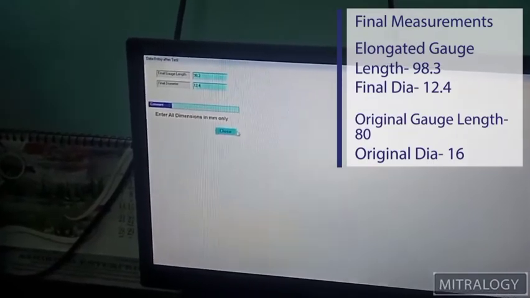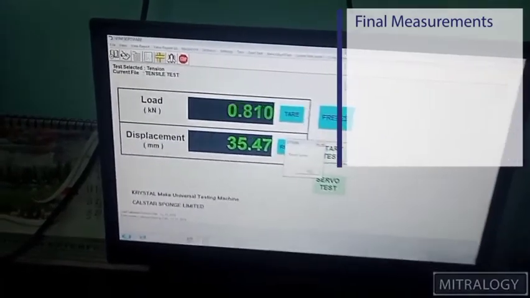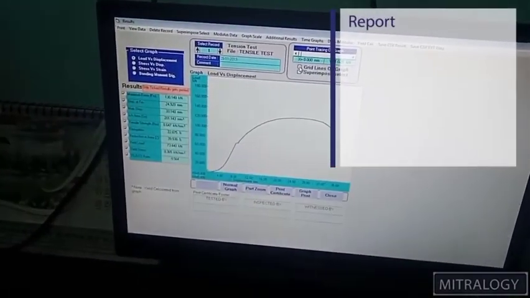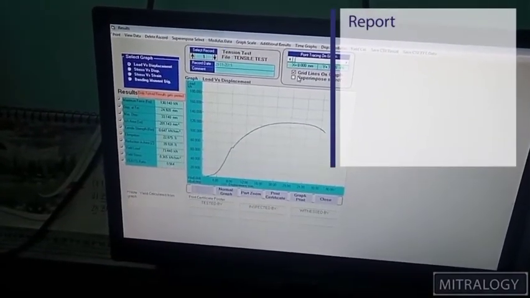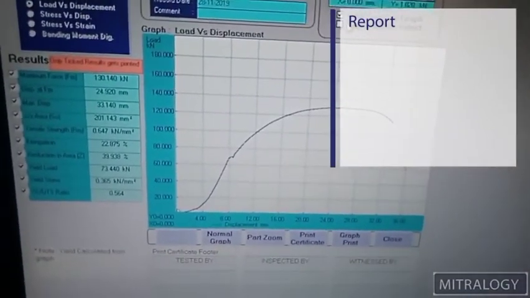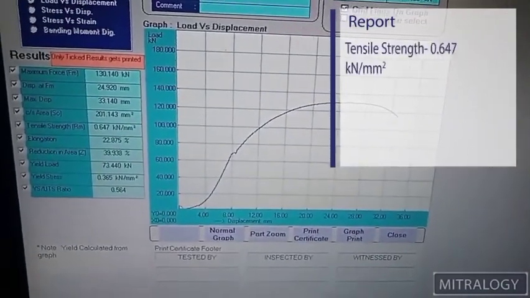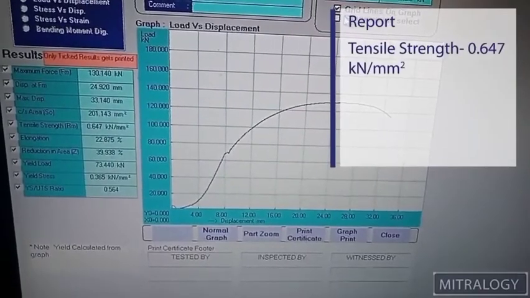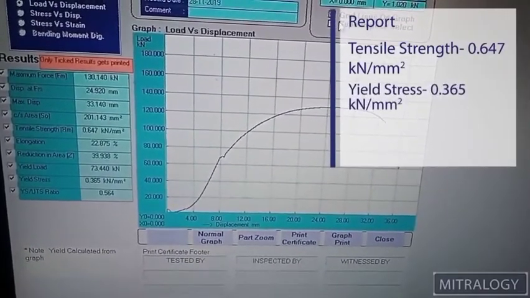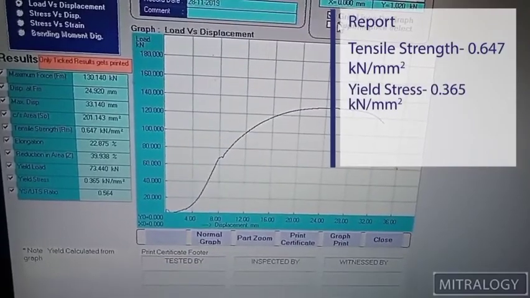Now if I close the report and the result is saved, the report is already published, and you can see the report. The tensile strength is 0.647 kilonewton per millimeter square. Yield stress is 0.365 kilonewton per millimeter square.